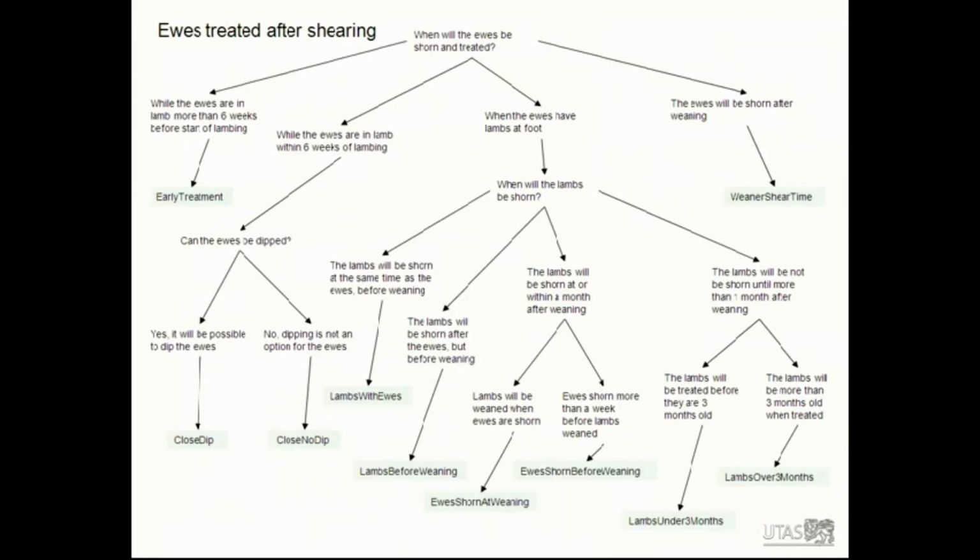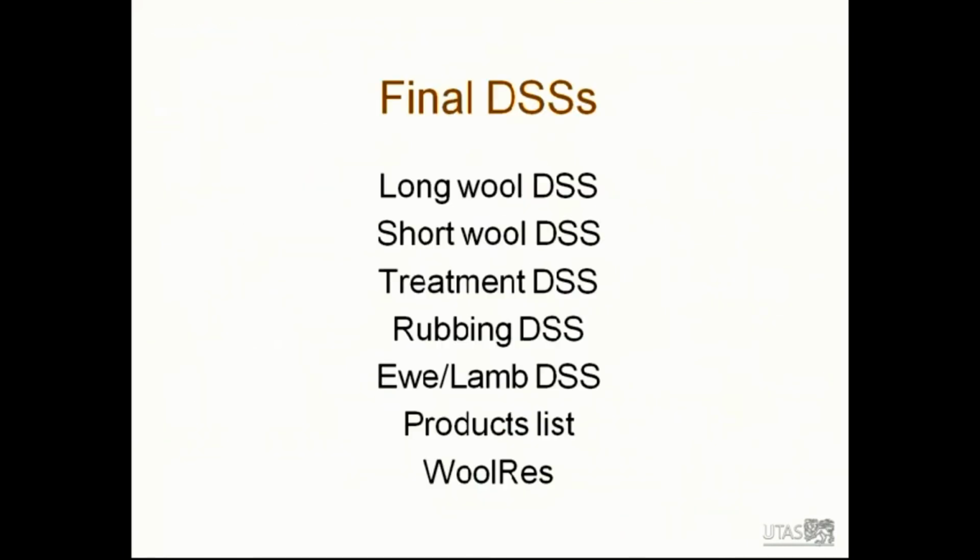And in that case we did use a decision tree because we found there were a set of questions you could ask, and the bottom bits down here are points where, if you've got to that point, these are appropriate treatments to use on the ewe and the lamb. So we didn't get fancy on that one, we just used a simple tree structure. Although we'd started off only planning to write a long wool decision support, we actually ended up with all these different models in the system by the time we'd finished.